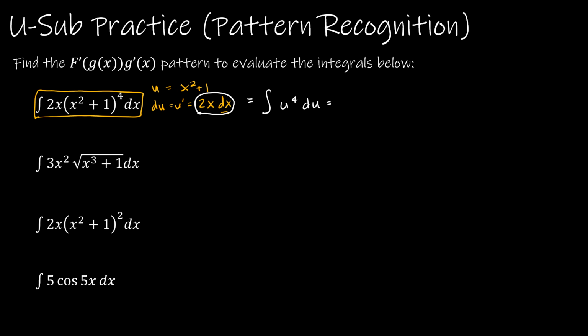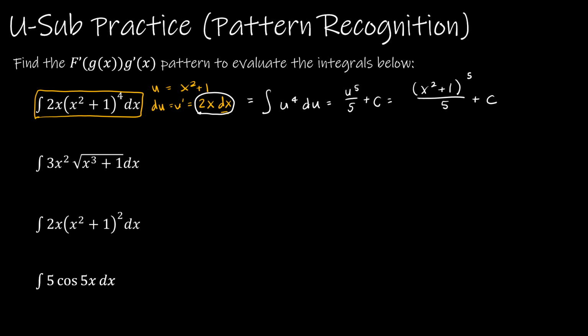Now, when I integrate, I'm going to get u to the fifth over 5 plus c. And then I'm just going to replace u with x squared plus 1. So this is the quantity of x squared plus 1 to the fifth divided by 5 plus c. That doesn't look like a 5.